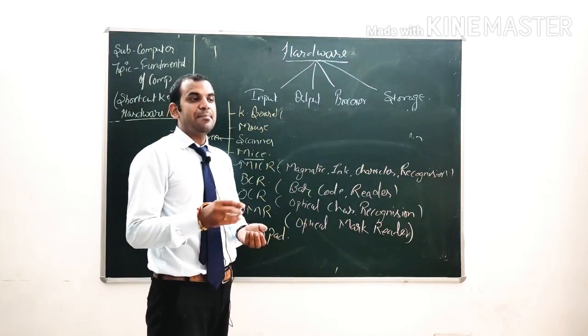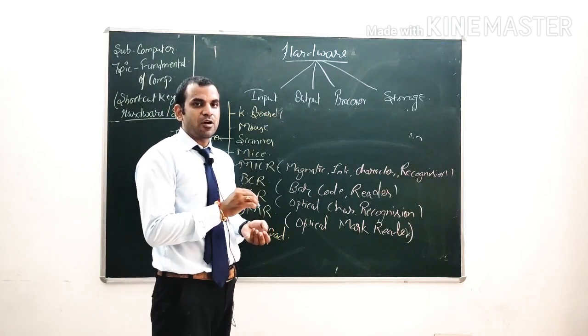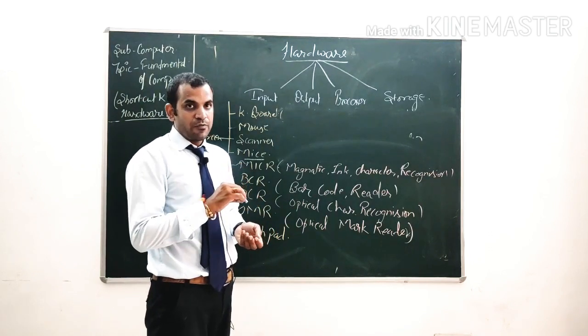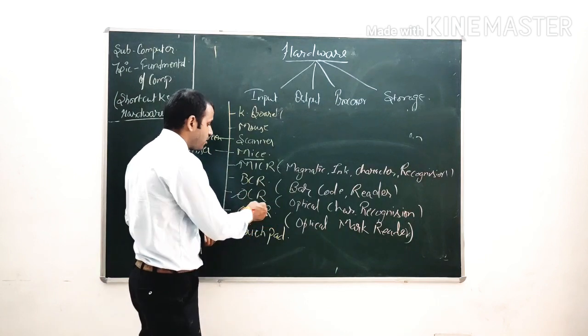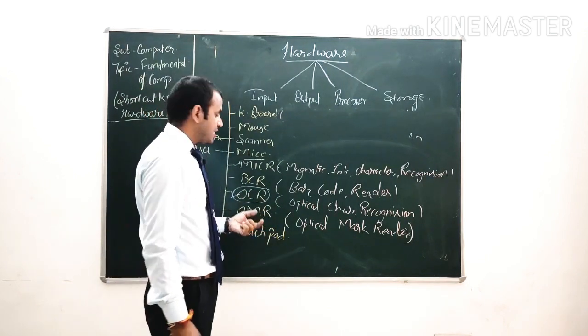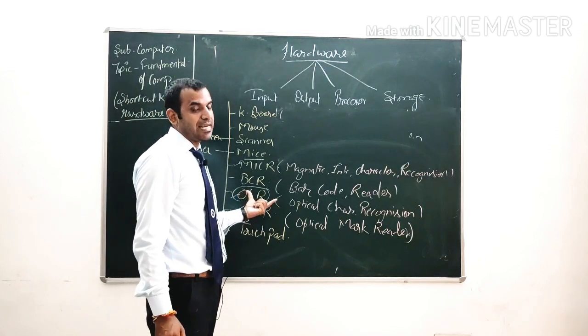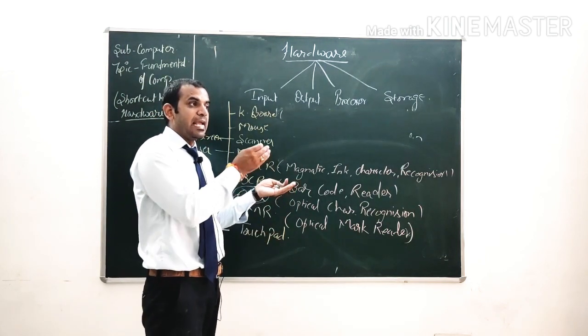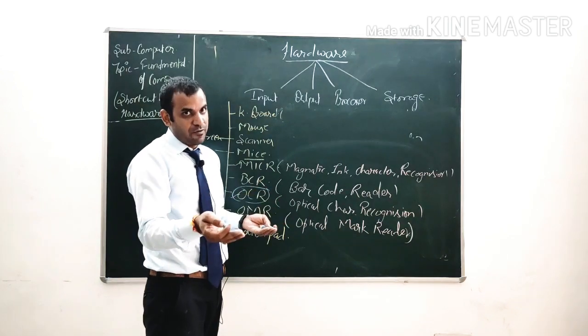Okay, some application software available on your computer or mobile phone also uses the OCR function, like CamScanner. CamScanner uses the OCR function, optical character recognition, which converts your image copy into PDF format.